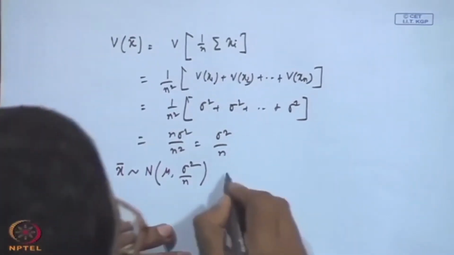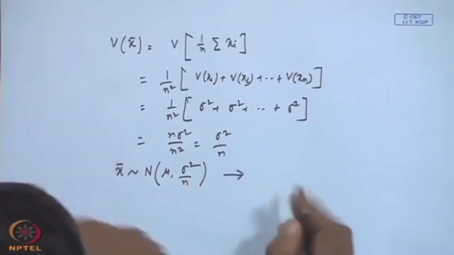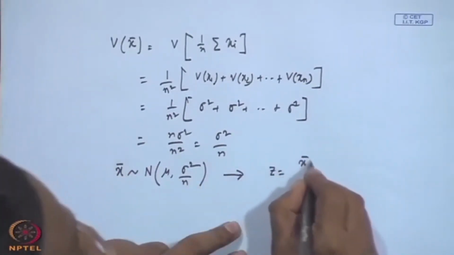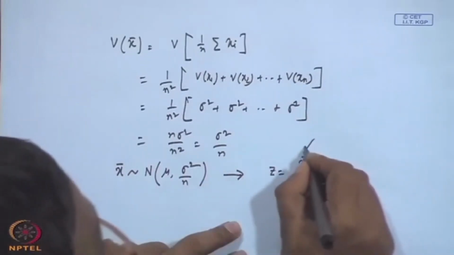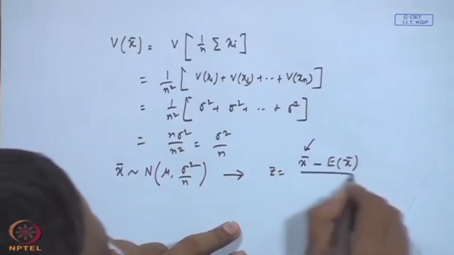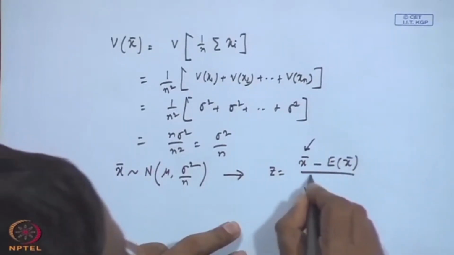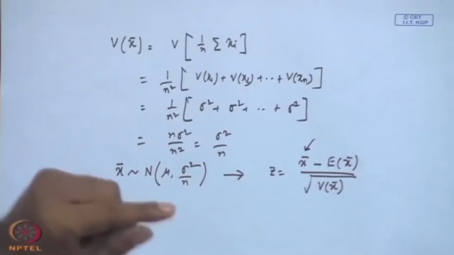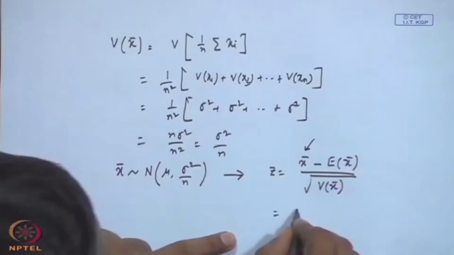Now, you are creating a z variable here. z is nothing but x bar, the normal variable, minus its expected value of x bar, divided by the square root of the variance of x bar. If any random variable is subtracted by its mean and divided by the standard deviation, it is the z standard value.